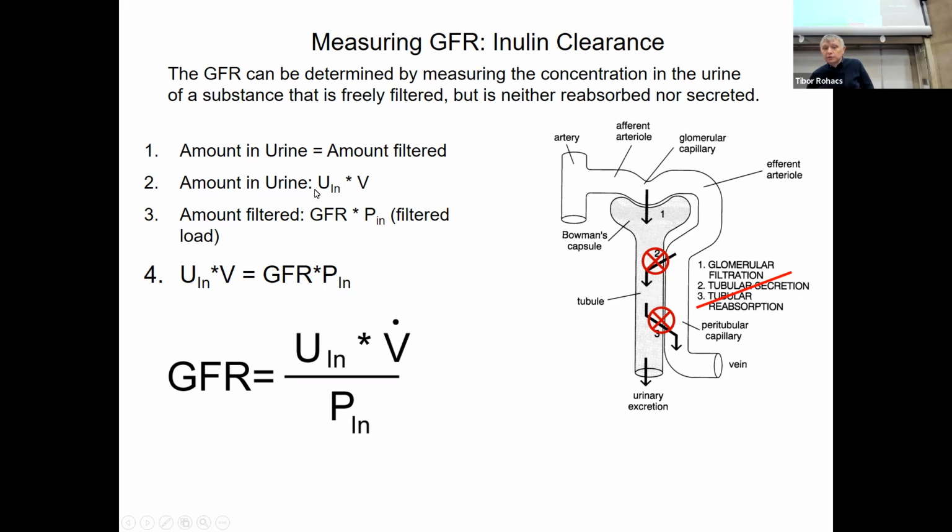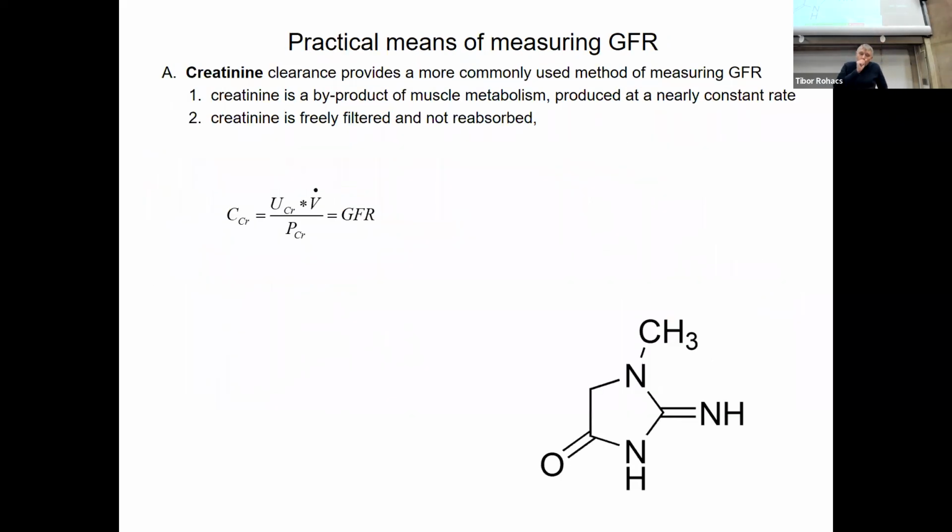The amount in the urine is U times V. The amount filtered is GFR times P. If you make these 2 quantities equal and solve for GFR, you basically get the clearance equation. This is another way to explain why inulin clearance is the same as glomerular filtration rate.